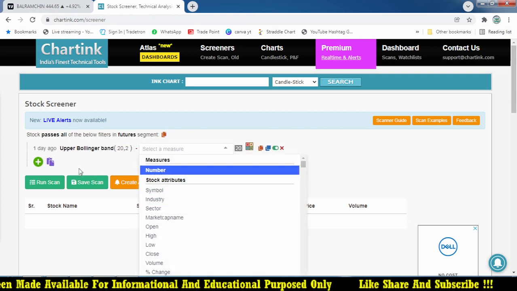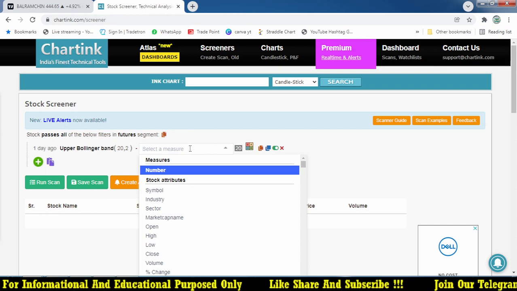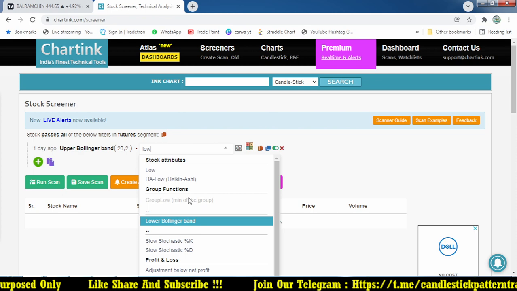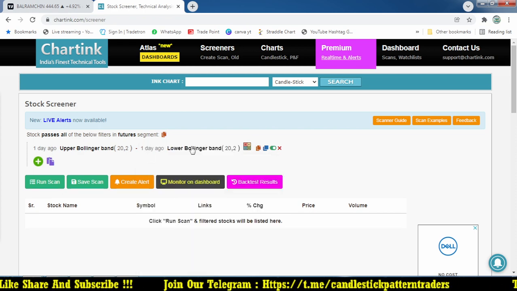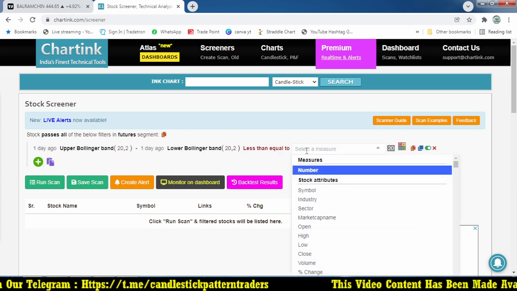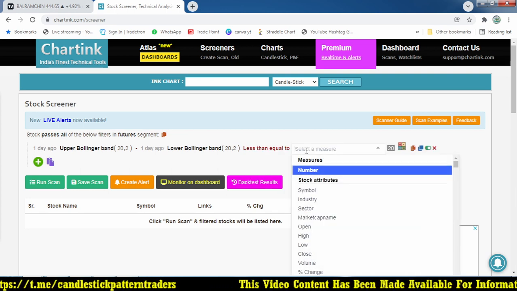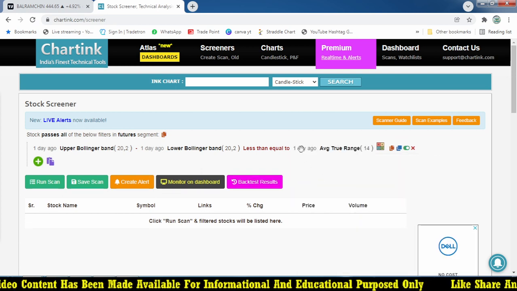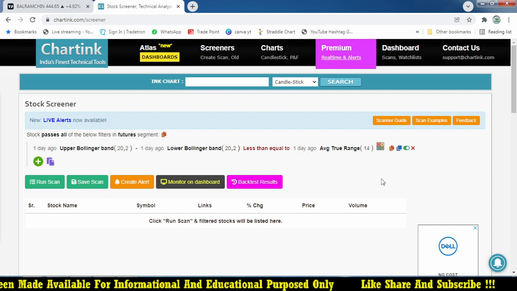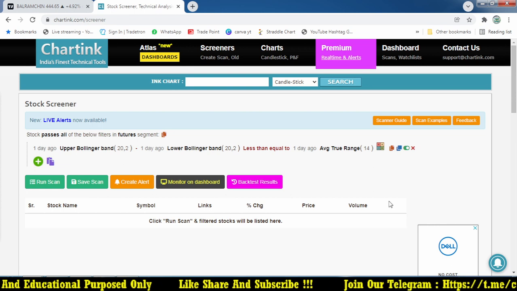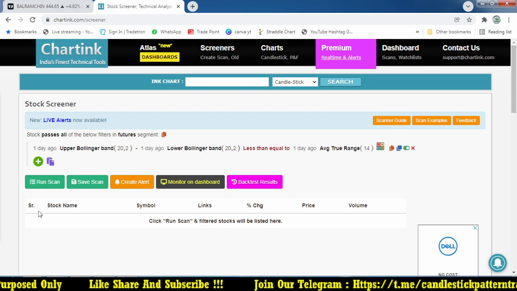So I am going to take the 1 day ago upper Bollinger Band minus the lower Bollinger Band, and it must be less than or equal to the 1 day ago average true range, ATR. I'm going to use this true range as it is right now.